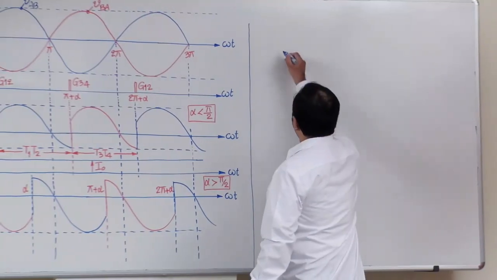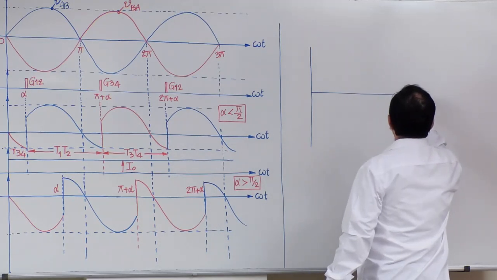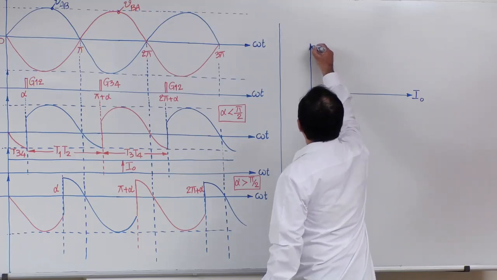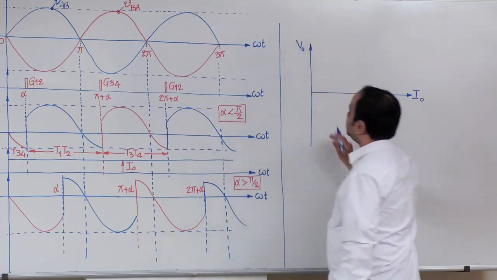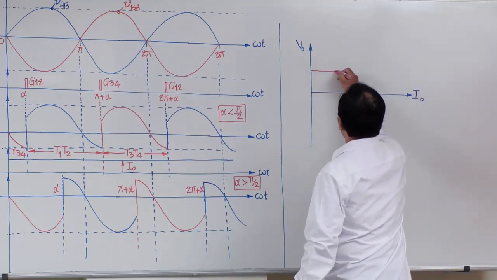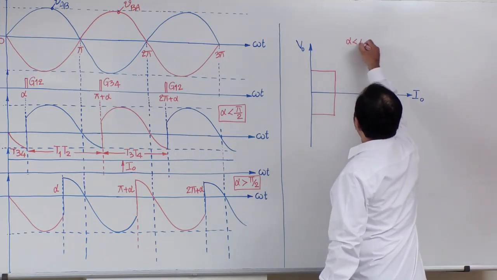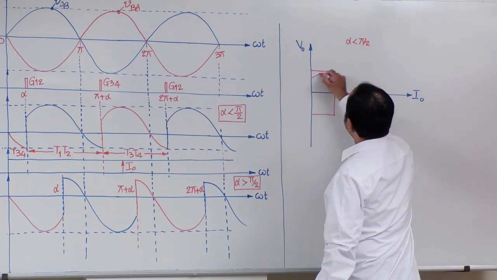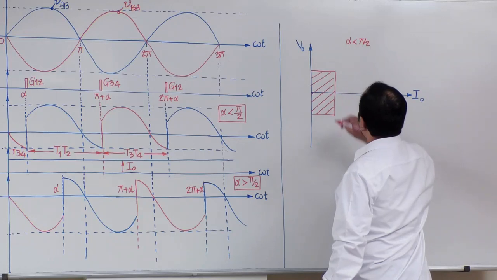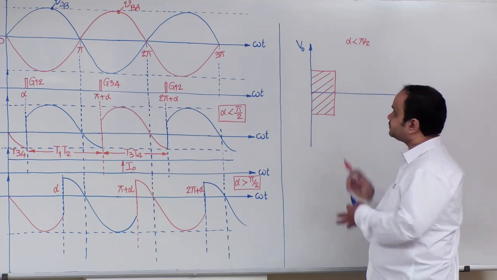For example, in the converter characteristics, if we take I0 on the x-axis and V0 on the y-axis, when alpha is less than pi by 2, both V0 and I0 are positive, hence the quadrant of operation will be the first quadrant.